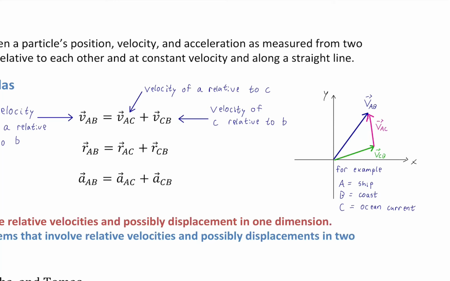The ship would be trying to move one way, while the current is pulling it in the opposite direction with equal magnitude velocity. It would be motionless relative to the coast, even though water would be rushing past it from the point of view of the people aboard the ship, the reference frame of the ship. So the idea of relative velocities obviously makes a difference.